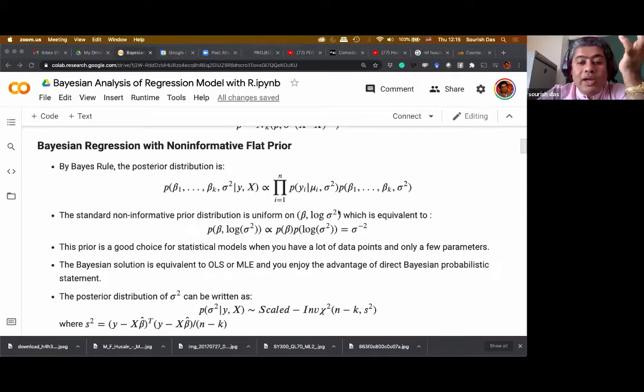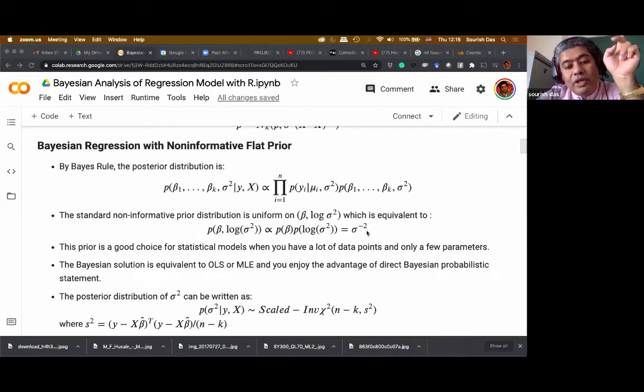So now the entire thing is on the real line. But the problem is, we know that P of beta and log sigma square, the non-informative flat prior, will be 1. So we can write it as P of beta times P of log sigma square, and P of beta will be 1, P of log sigma square will be 1, but then it requires a Jacobian to do the adjustment.